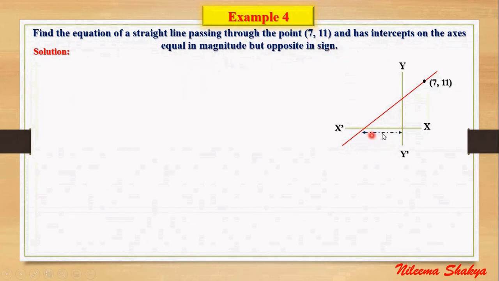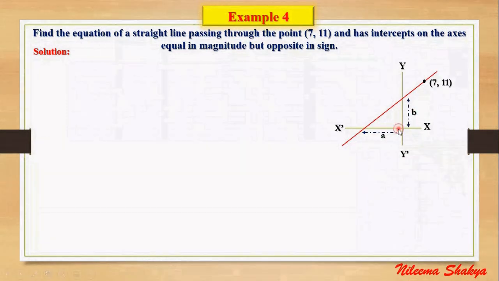The x-intercept is here represented by A, and the y-intercept is here represented by B. Look students, according to the question, both the intercepts are equal in magnitude, but they are opposite in sign. One is positive and another is negative. So let's suppose the x-intercept A as k.